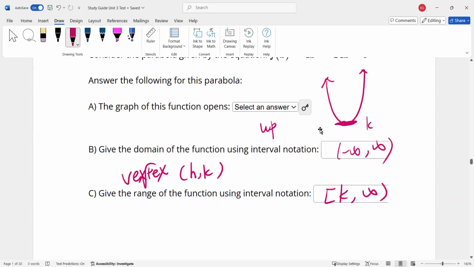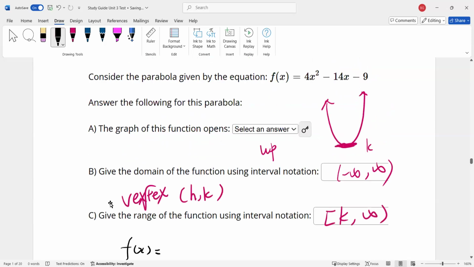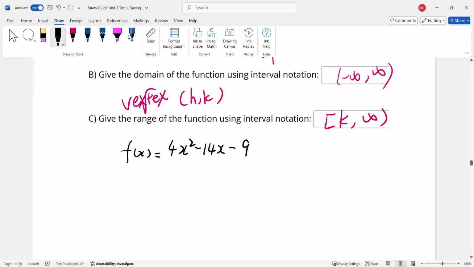Another way to do that is use the formula. I think this is easier for you. 4x squared minus 14x minus 9. I'm going to write the standard form of the quadratic function on the bottom, and you can know what is A, what is B. A is 4, B is negative 14.